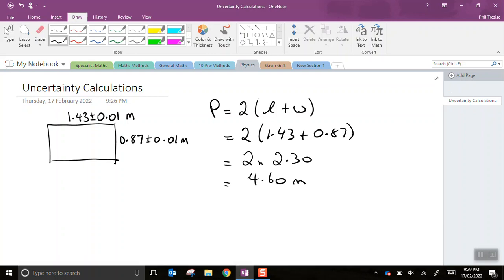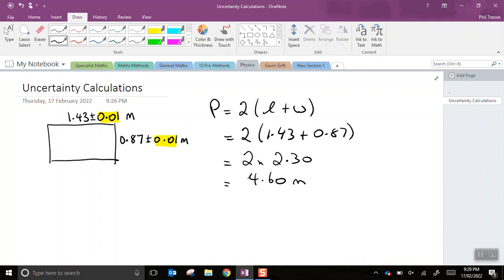Now, when I have added numbers together, I add the absolute uncertainties. These uncertainties here are the absolute uncertainties because they're in the same unit of measurement as the length and the width. They're both in metres.